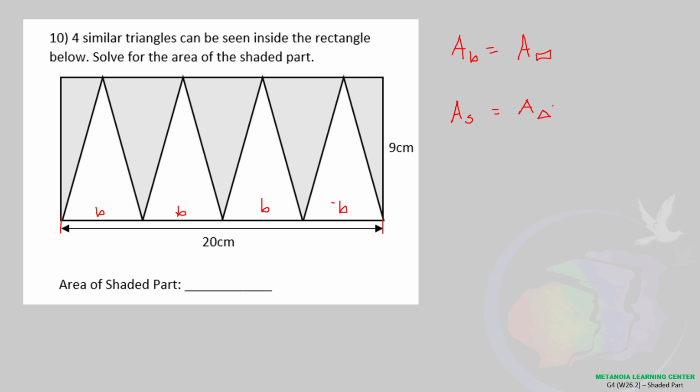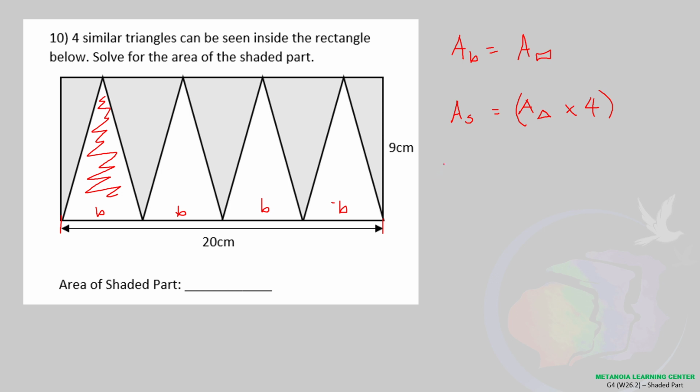But if you notice that there are 4 similar triangles here, it means that for the area of the smaller figure, you should multiply it by 4 once you get the area of one triangle. So what am I trying to tell you?